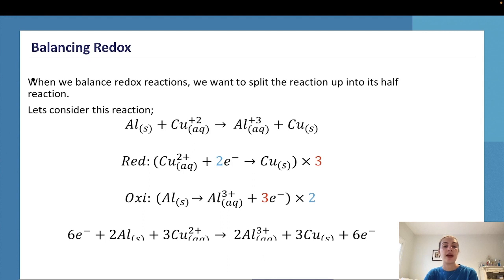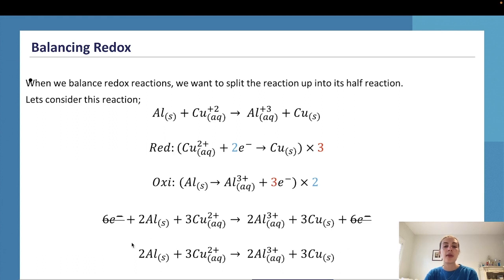With our aluminium, we've got 2 aluminium on this side and 2 aluminium on this side, so that is balanced. Then with our copper, we've got 3 copper on this side and 3 copper on this side, so that is balanced as well.